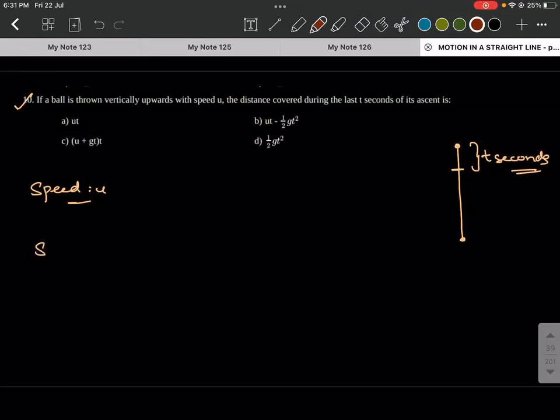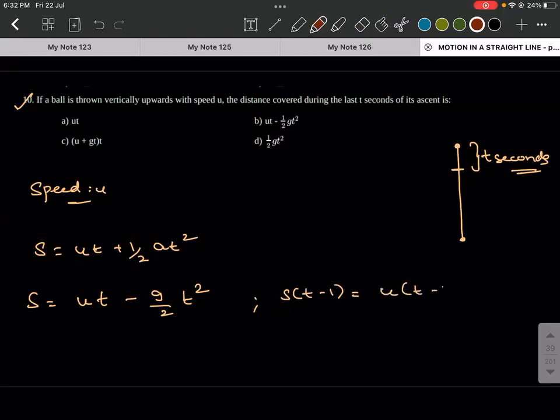So when I apply s is equal to ut plus half at square, I get s is equal to u into the time taken by the object to reach the maximum height is t only minus g by 2 into t square. Is this point clear? Okay. Then what about s of t minus 1? That will be u into t minus 1 minus g by 2 into t minus 1 the whole square. But this is also supposed to give you the same formula only, u plus g by 2 into 2n minus 1.